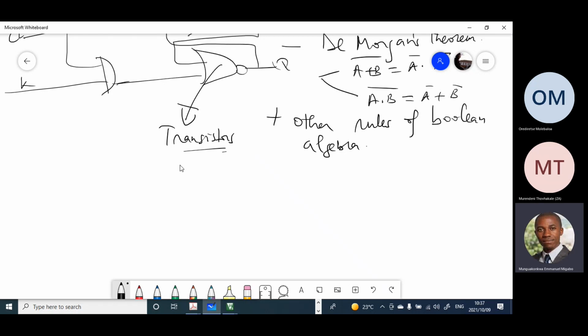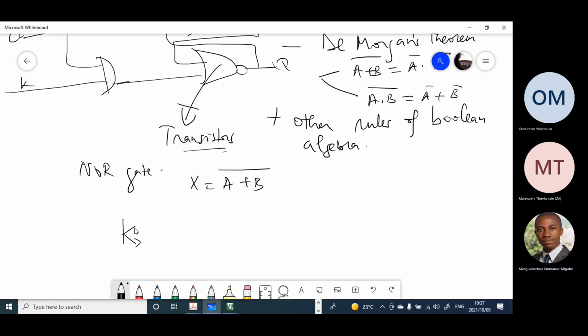So now, let's say in the case of a NOR gate, it means X equals A and B, two inputs added then inverted. How would you implement a NOR gate with a transistor? It's an electronic circuit basically, using a transistor as a switch.